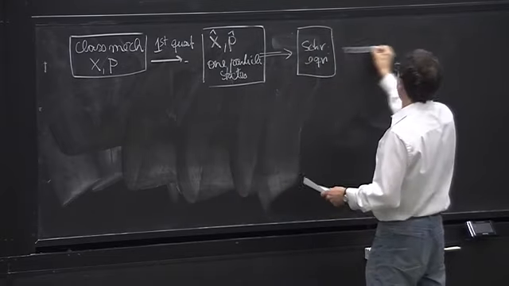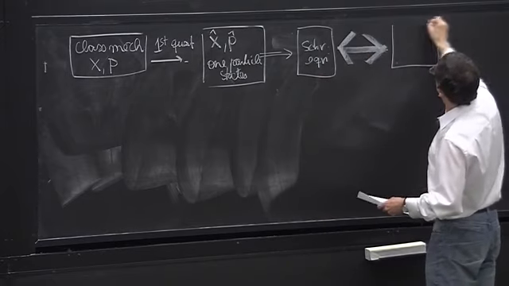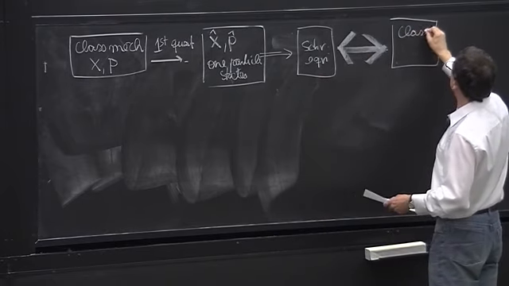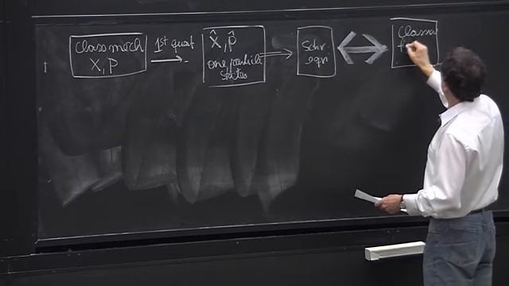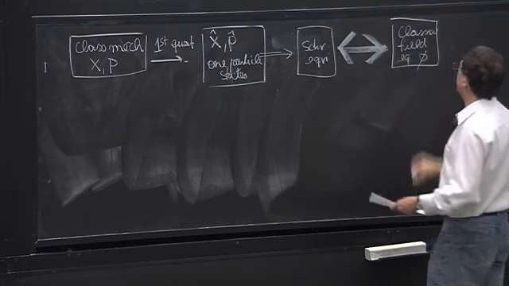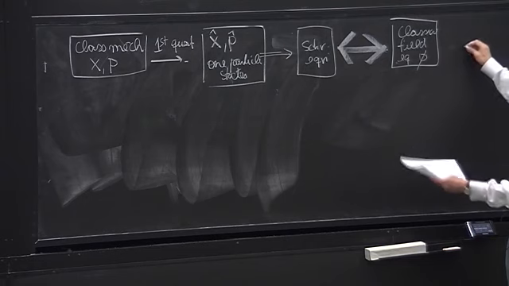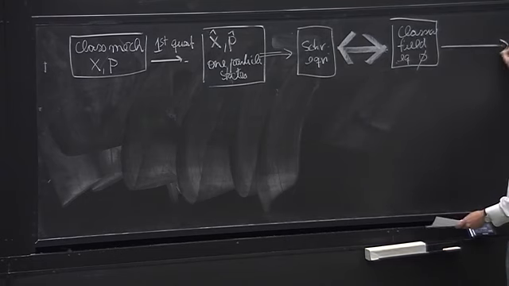And then you identify it with the classical field equation of a field, φ. And then you do second quantization.